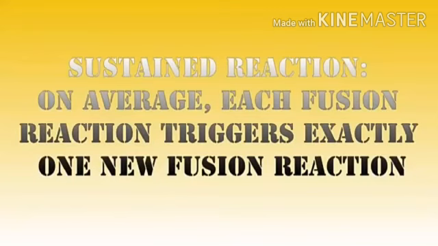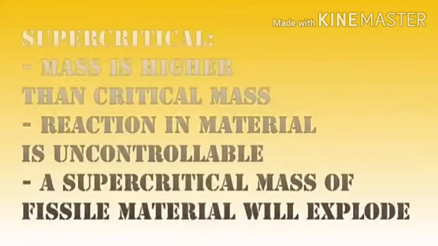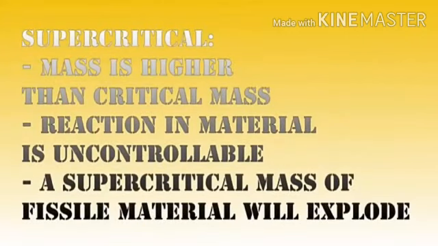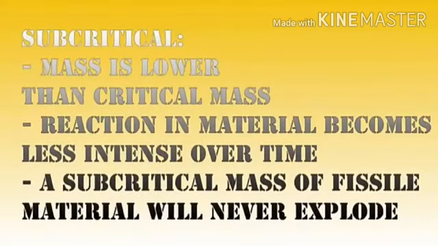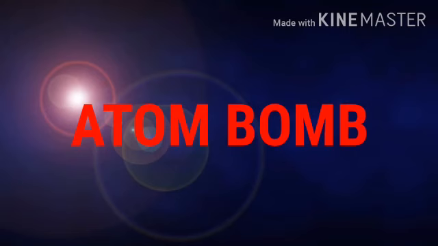It depends on the nature and density of the material. If the mass of the fissile material is greater than the critical mass, it is called supercritical. If the mass of the fissile material is less than the critical mass, it is called subcritical mass.